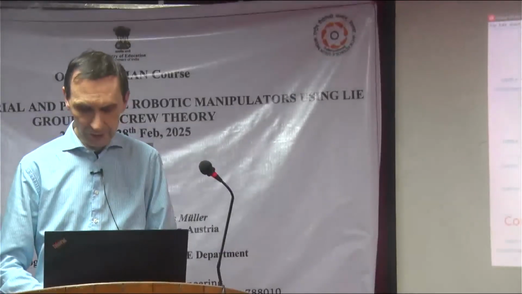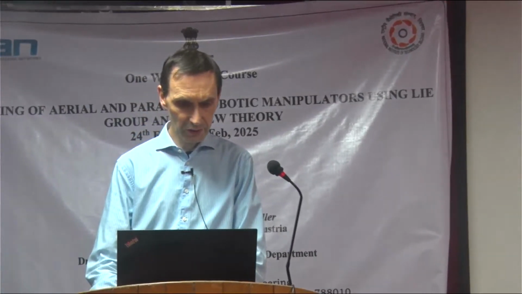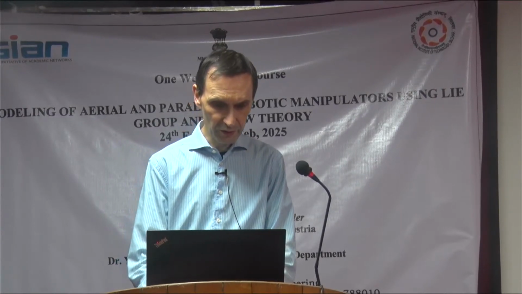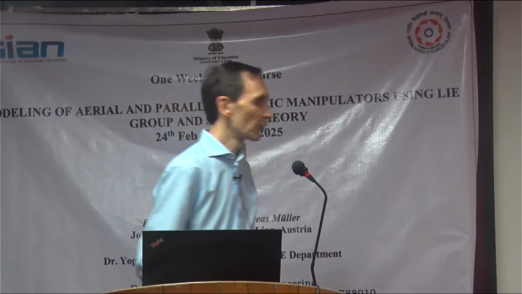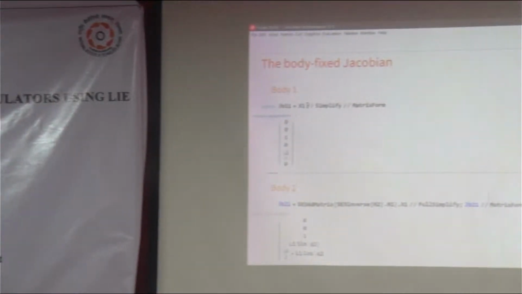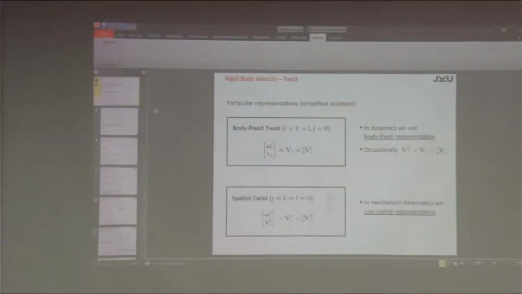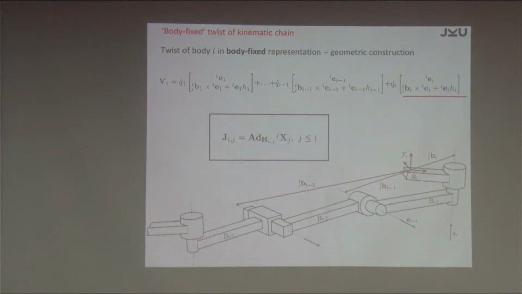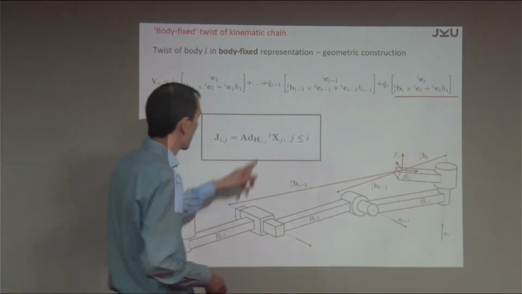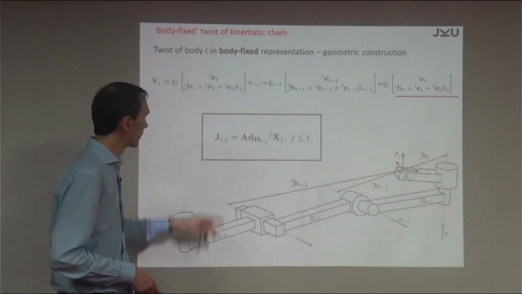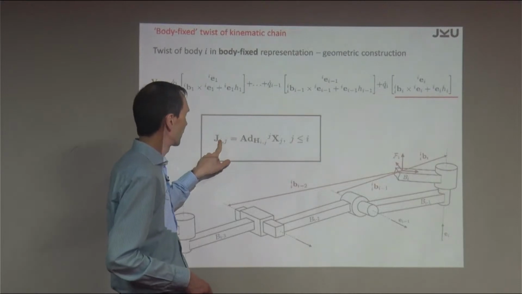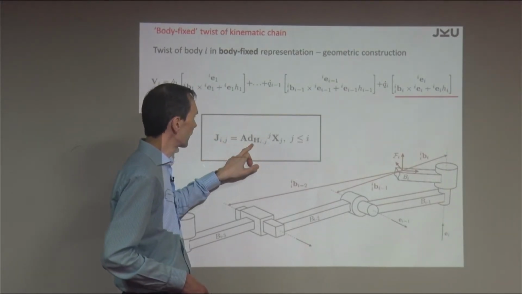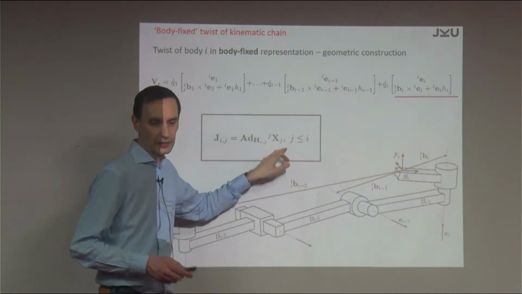And now what I can do is go to the Jacobian. This is what we had in the definition of the Jacobian. The first one, J1 of body 1, is just the identity again, it's just X1. This is what I had here.